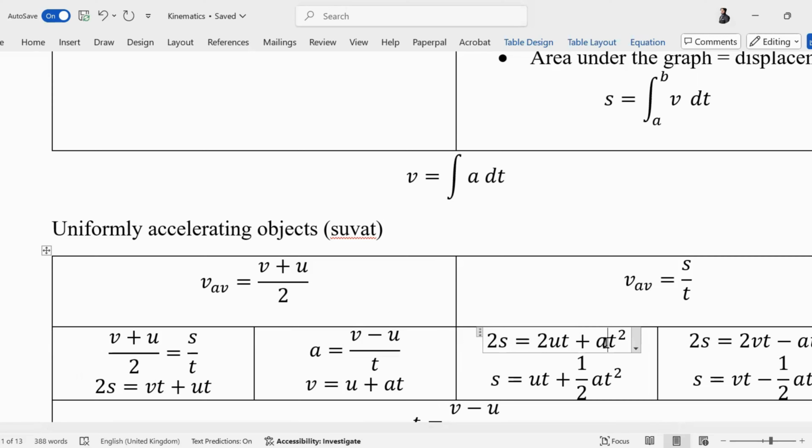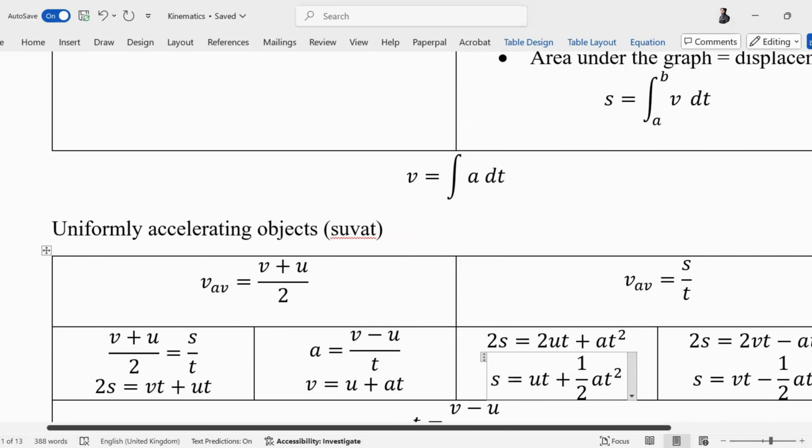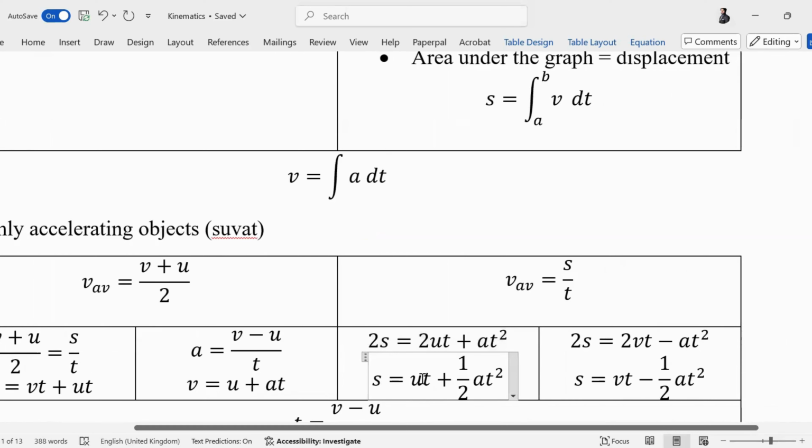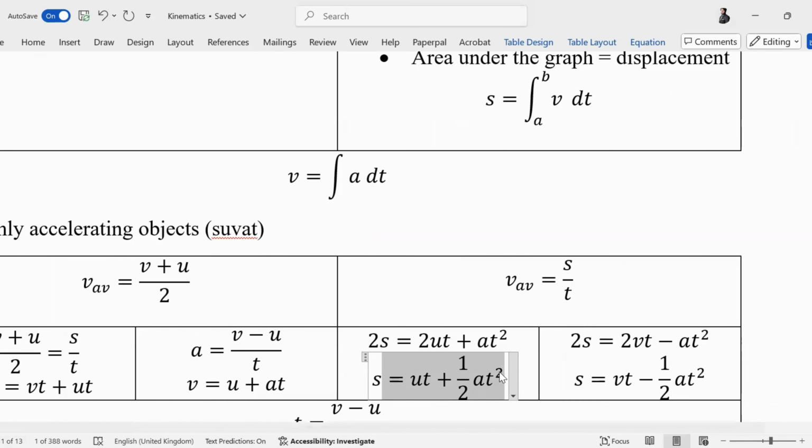Plus at square, plus ut plus ut is 2ut. And then you can just divide this 2 on the other side, you get ut plus half at square. Is that right? Now this equation is without v. So we have an equation without s, then we have an equation without v and without a.